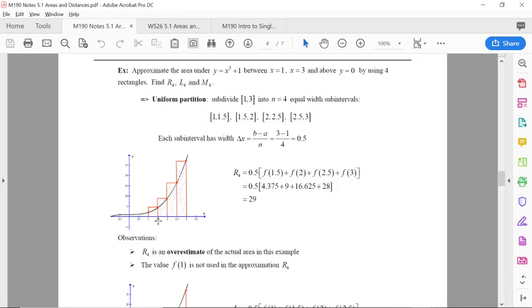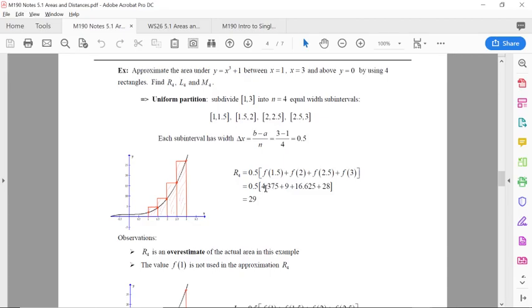f of x1 star would be what we get when we plug 1.5 into the function. f of 1.5 is the height of the first rectangle. Use the function y equals x cubed plus 1, plug in 1.5, 1.5 cubed plus 1, I get 4.375.